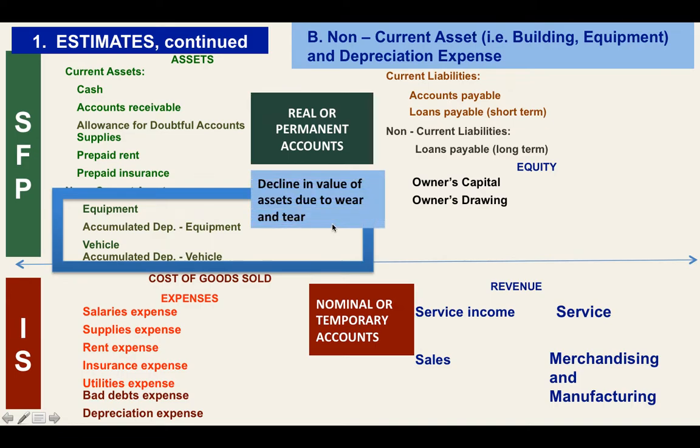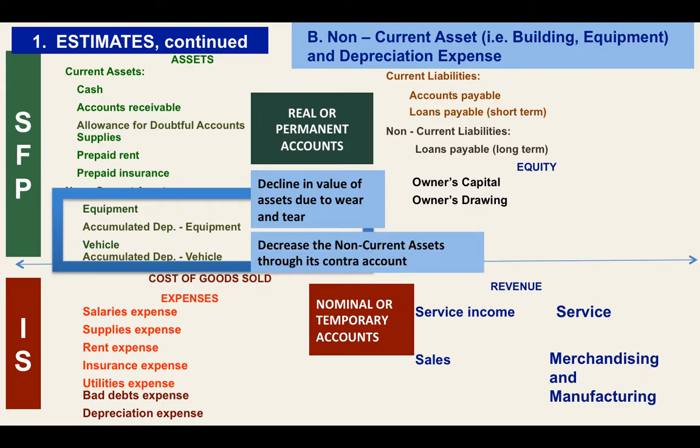Our intention is to record the decline in value of assets due to wear and tear. We use our assets, so their value decreases. Or even if we do not use them, due to the passage of time, their value declines.